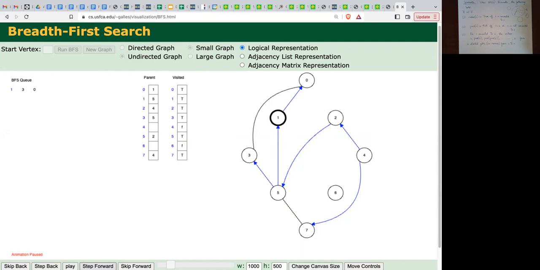Then 3 is still in the queue, and 3 is going to visit 0, but then 0 has already been visited. 3 is going to look at 5, but 5 has already been visited. Finally, it's going to go to 0. 0 is going to look at its neighbors. 1 is already visited. From 0, 3 is already visited.